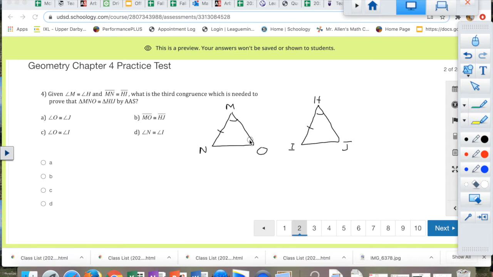So I want to put my angle right here on angle O, and angle O is congruent to J. So if I have it now, angle, side, angle, side. So I need that angle O is congruent to J, which would be choice A.